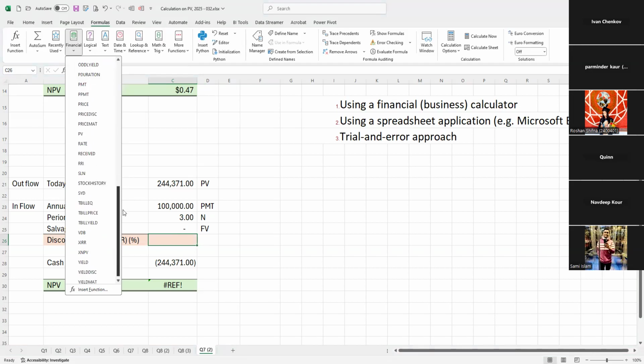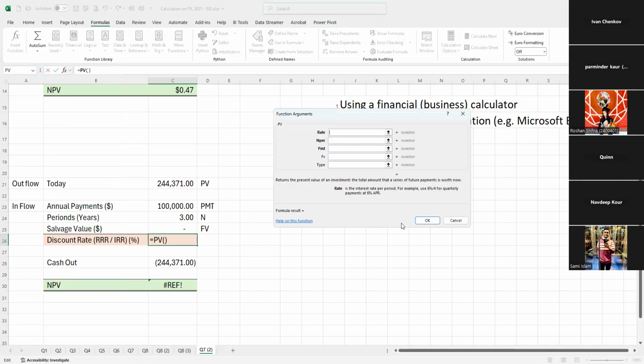The easiest way to find out is to go back to the PV calculation and find out what we're looking for here. Which one of those are we looking for? Which one do we try to calculate? Rate. Rate.